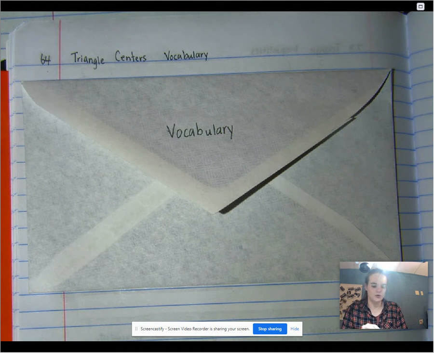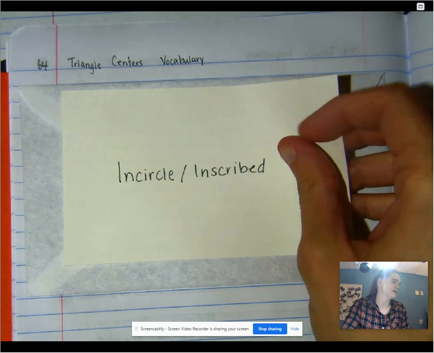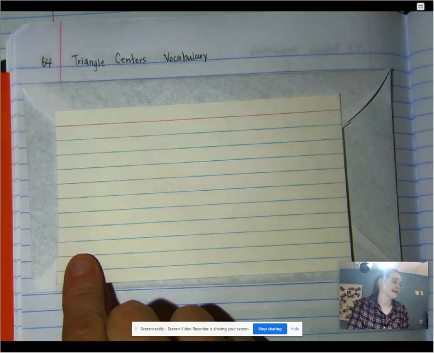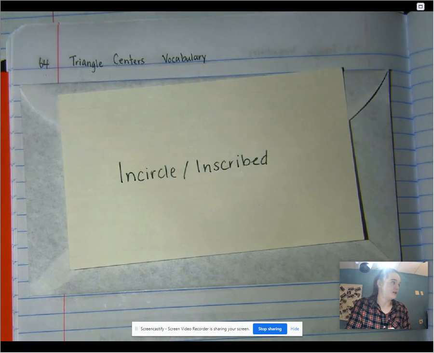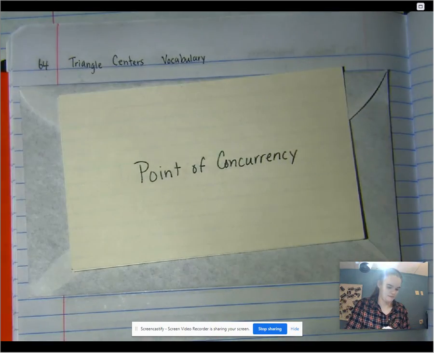You are going to make a note card that says encircle/inscribed. You are then going to define it from your textbook. See that mine's still blank, it's not been defined from my textbook. Then point of concurrency, define that.